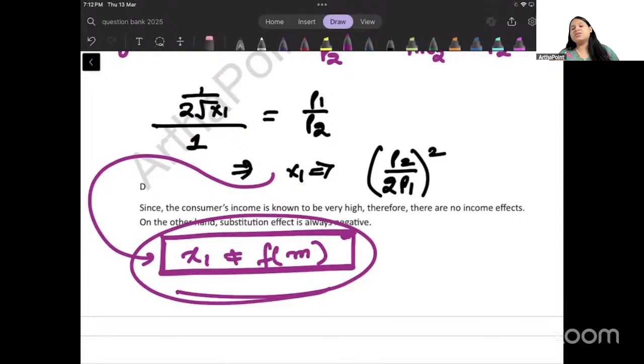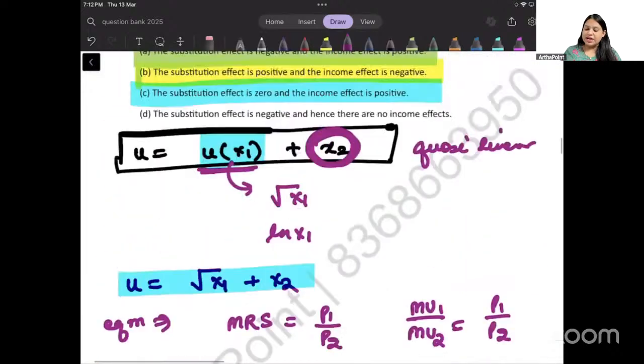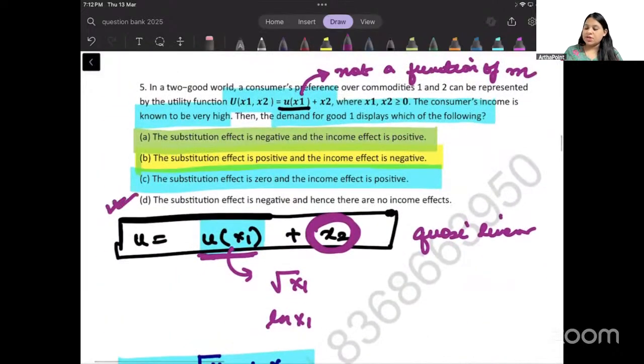Absolutely, that's correct. It's a necessity good, essential good, right? Therefore, there is no income effect. कोई income effect नहीं है इसमें. So we can say that answer number D is correct. There is no income effect.